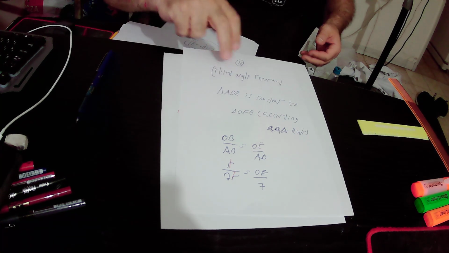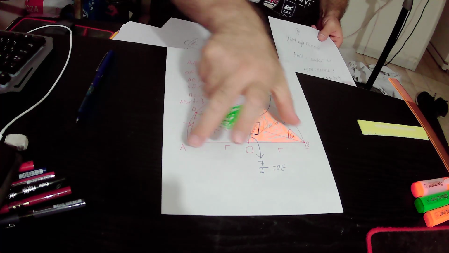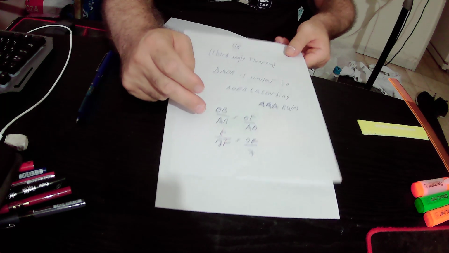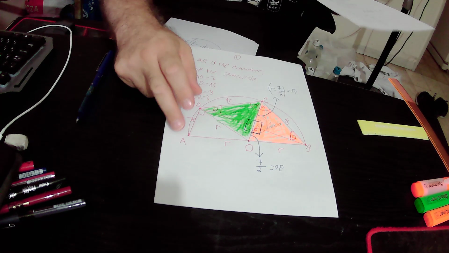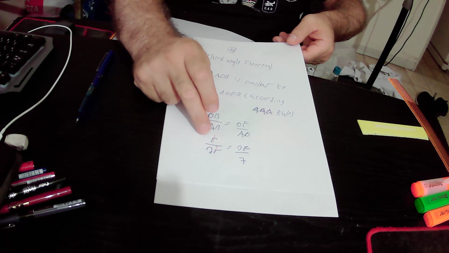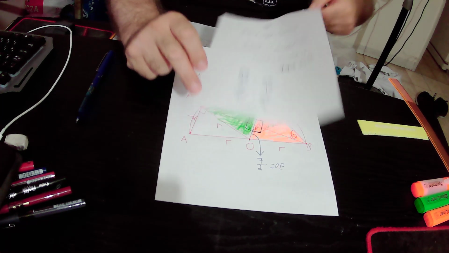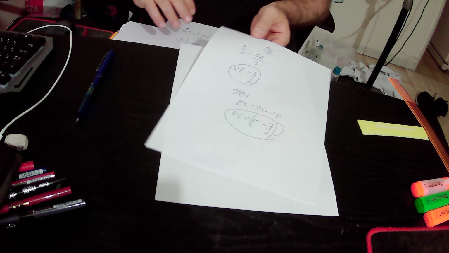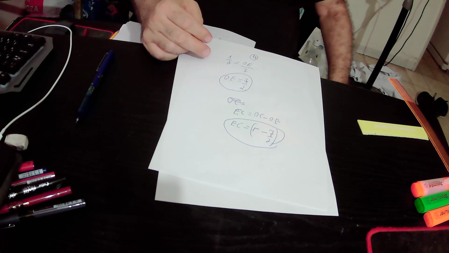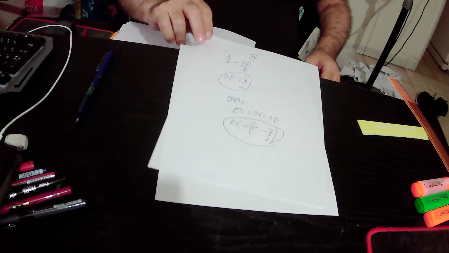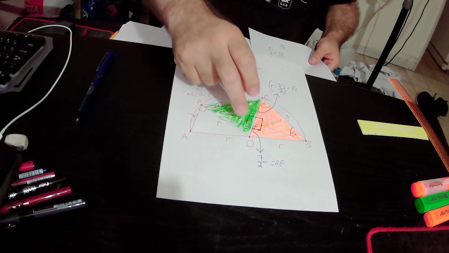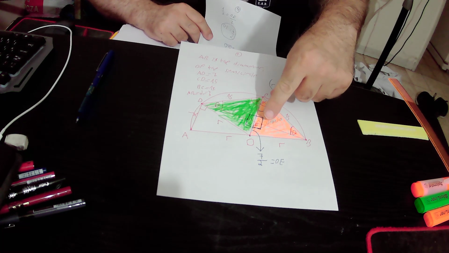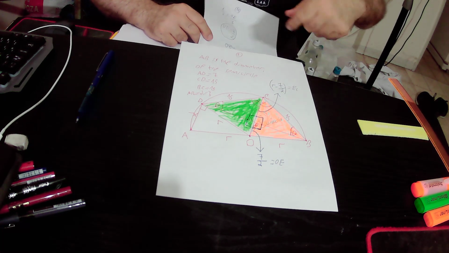So we know that OB equals R, and AB is the diameter of the semicircle, therefore it equals 2R, and AD equals 7 units. So in total we got this equality, R is cancelled here, and we got that OE equals 7 over 2 units, and then EC equals OC minus OE.